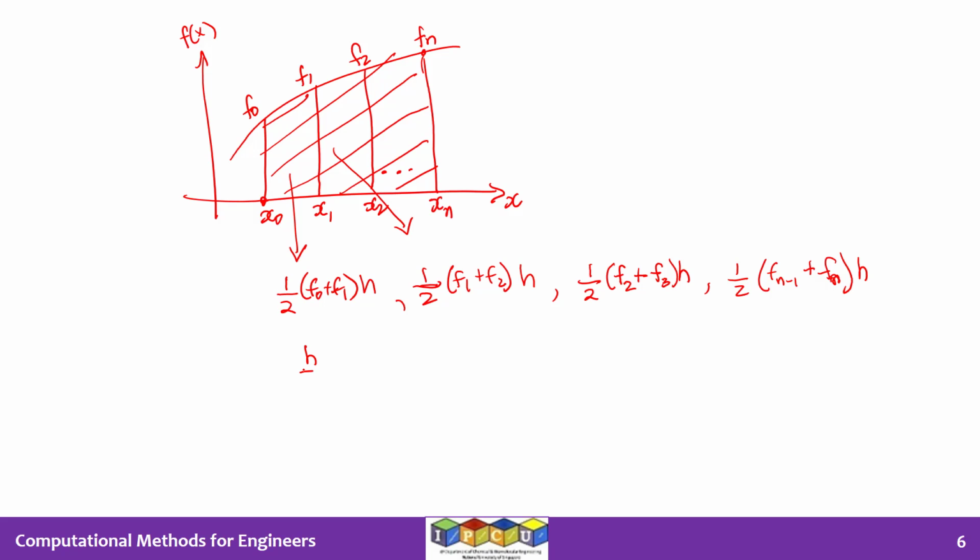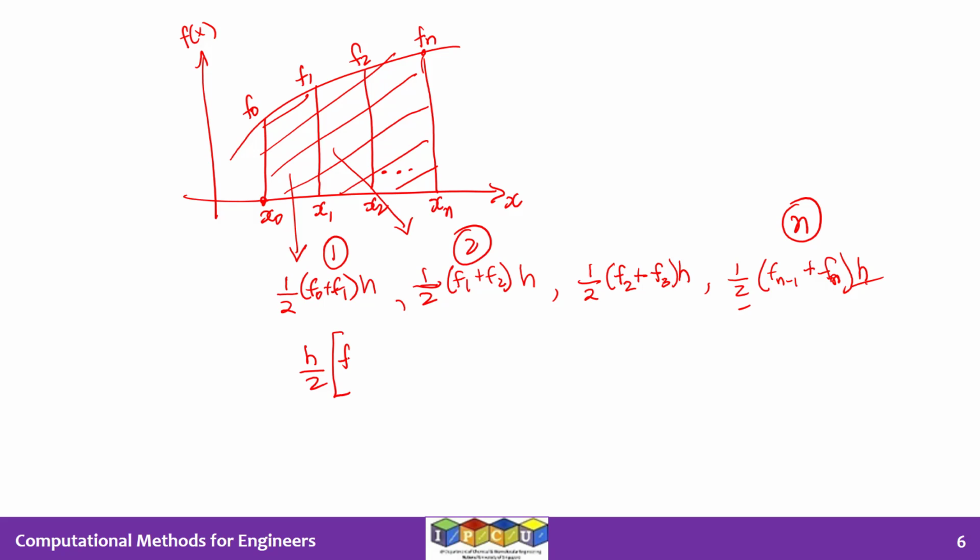So if you take h by 2 as the common thing which occurs in each trapezium area, right? So this is the first trapezium, this is the second trapezium, this is the nth trapezium. So always you see h by 2 there, right? So h by 2.